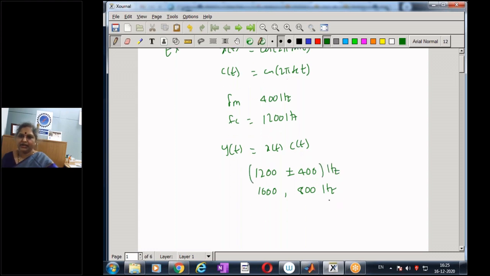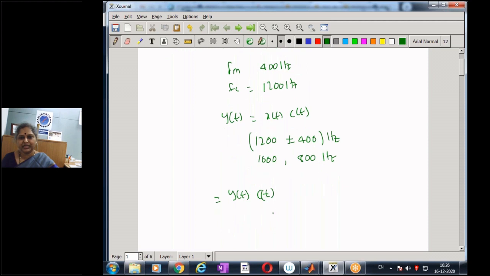Now what happens if I take y of t and once again multiply it by the same cosine signal c of t? I'm going to multiply the product again with my carrier, and let us see what happens.